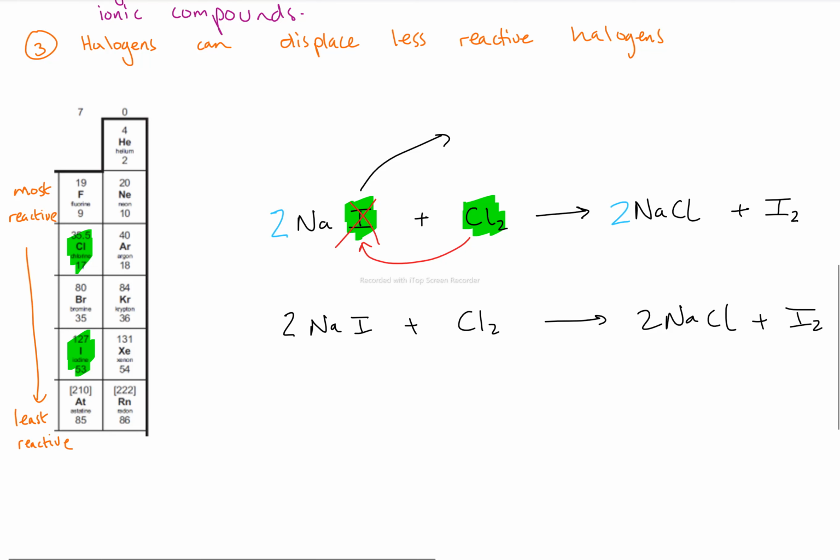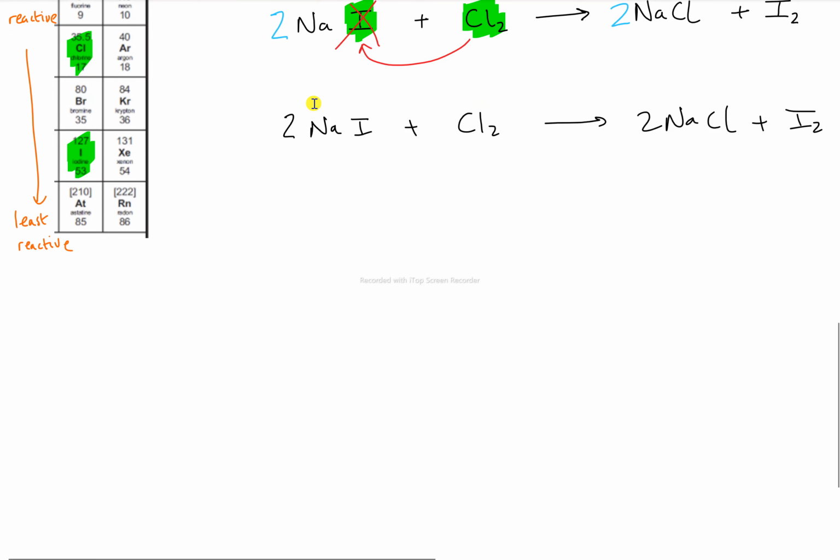Now, the thing with this is, let me just try to do this and see if we can figure this one out. If I had sodium chloride and I put chlorine in, we're going to end up with sodium chloride and chlorine.